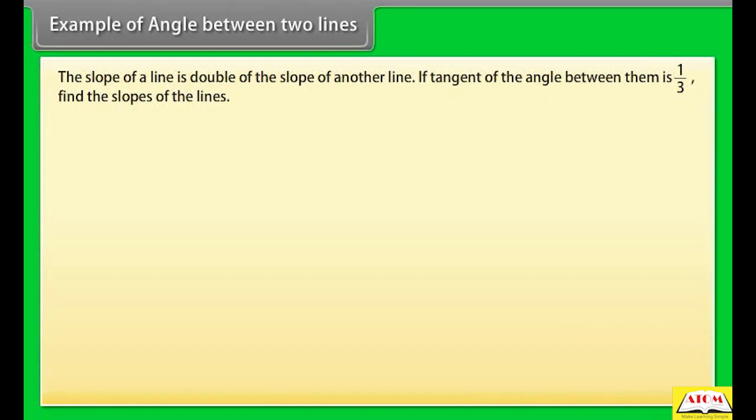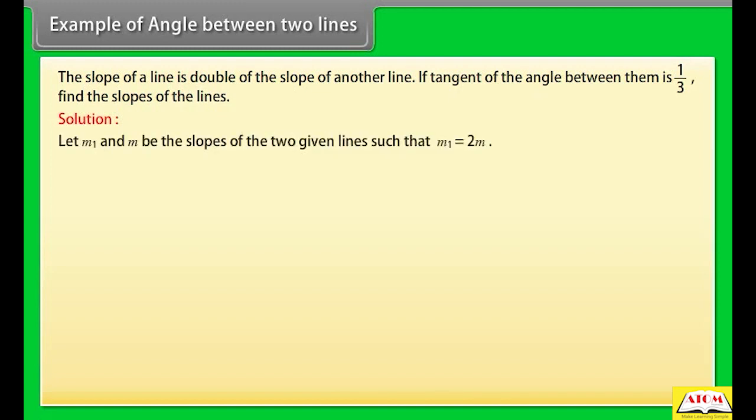Example of angle between two lines. The slope of a line is double the slope of another line. If the tangent of the angle between them is 1 by 3, find the slopes of the lines. Solution. Let m1 and m be the slopes of the two given lines such that m1 is equal to 2m.